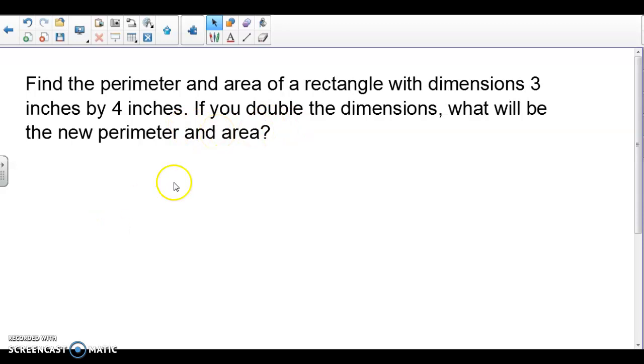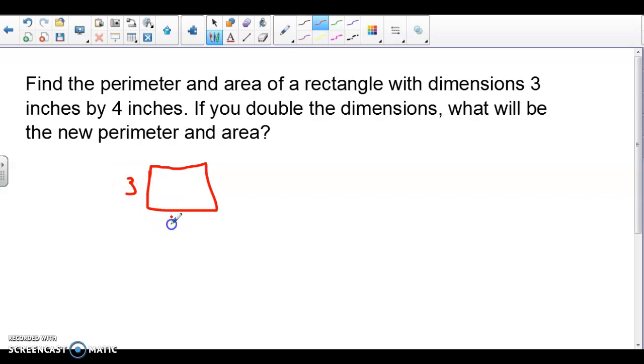Alright, so first thing we have to do is find out the area and perimeter of the first rectangle. So it said 3 inches and 4 inches, right? So we have 3 inches, we have 4 inches. If I want the area, well, that's easy. It's 3 times 4, so that'll be 12 inches squared.